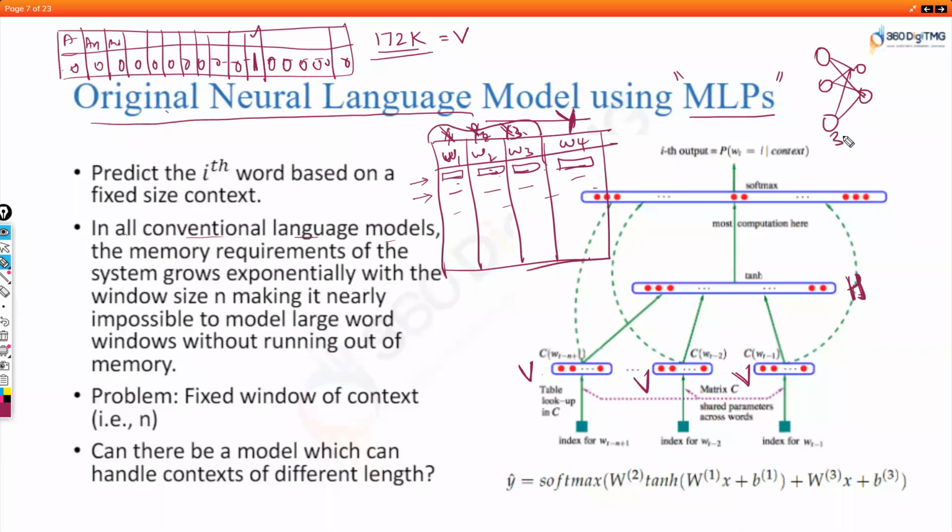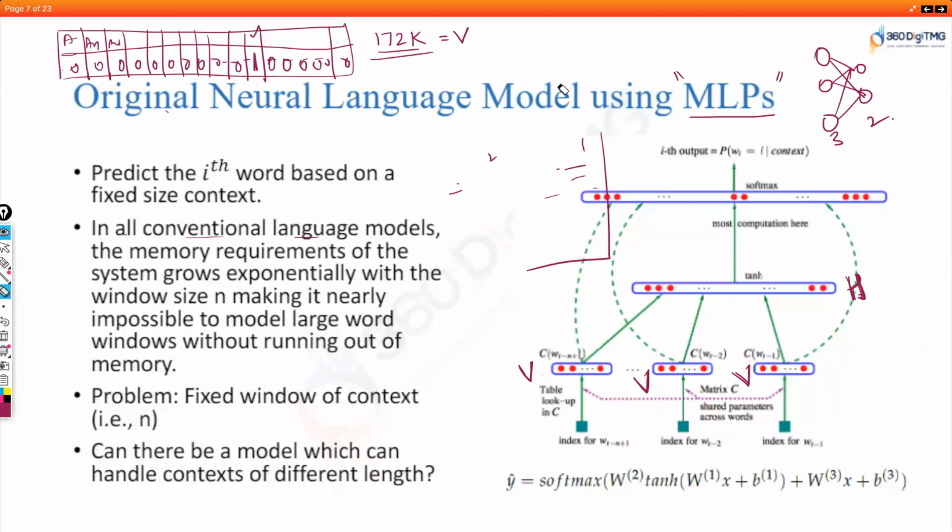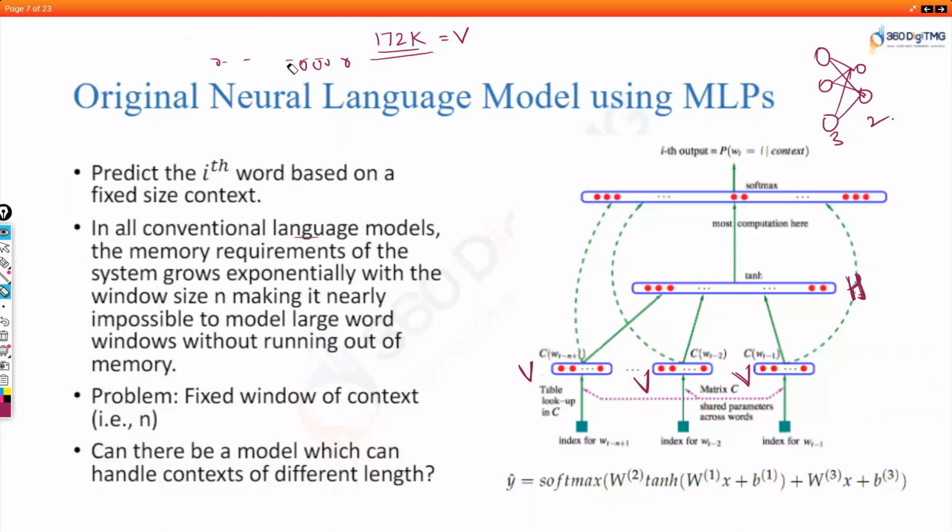There are 6 connections, 3 into 2. In that way, if you have V, let me erase these things also. So if you have V, then V into H will be the number of connections.